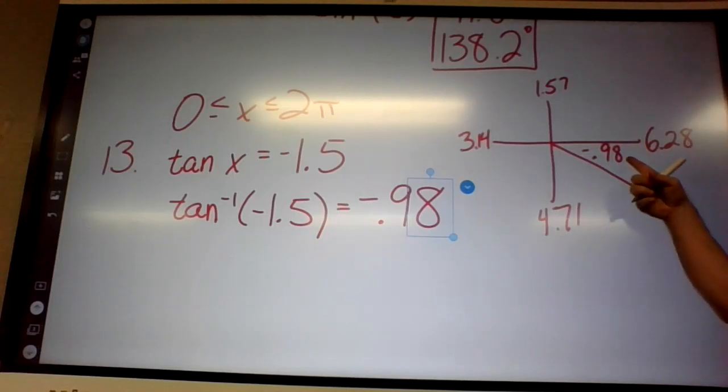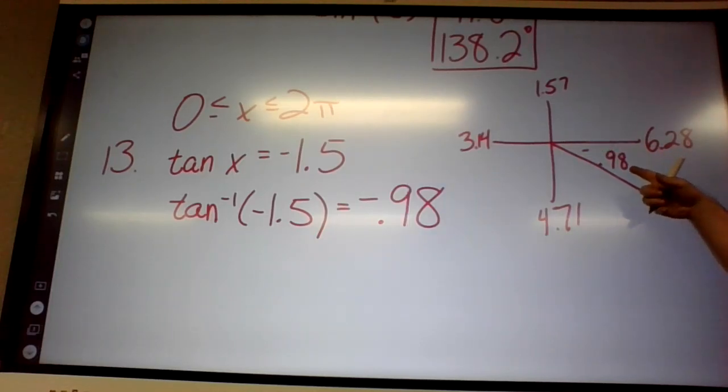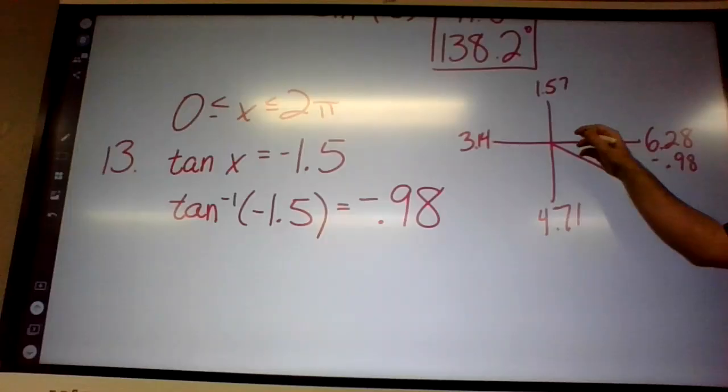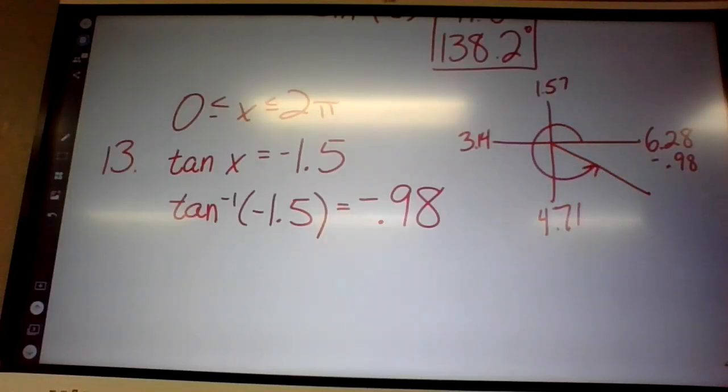We need to convert this to a fourth quadrant angle that's actually positive. So basically 0.98 is our reference angle. So if we do 6.28 minus 0.98, that will tell us what this angle is. 5.3. Yes, okay. They probably put 5.30, but that's okay.